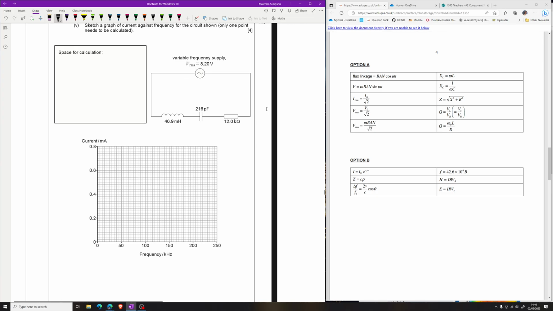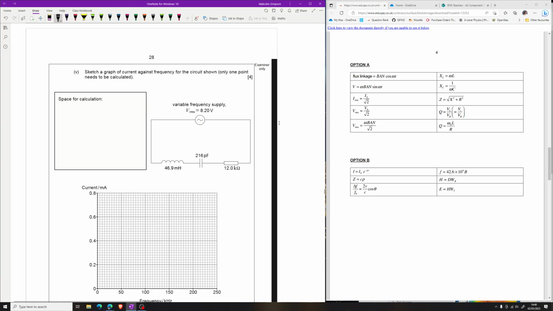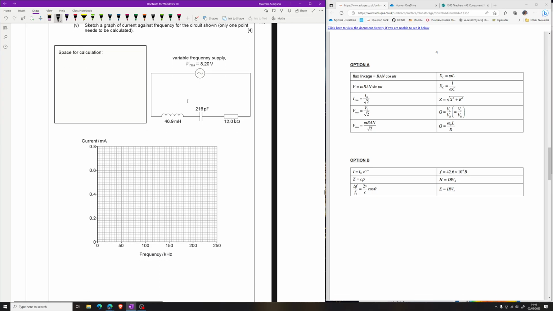Sketch a graph of current against frequency for the circuit shown. Only 1 point needs to be calculated. Space for calculation. Okay, so this is a current against frequency graph.